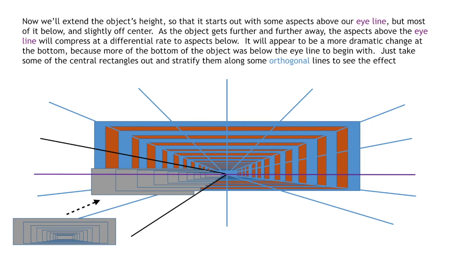So again, just take out some rectangles, stratify them along the orthogonal lines for their rate of ascent and descent along some of the orthogonal lines, like I said, and you will see the effect. So you can see here in the bottom left, those are the rectangles that I pulled out from the perspective view in a central perspective view, and then you just move the corners so that they stratify themselves along the orthogonal lines, which I outlined here in black.